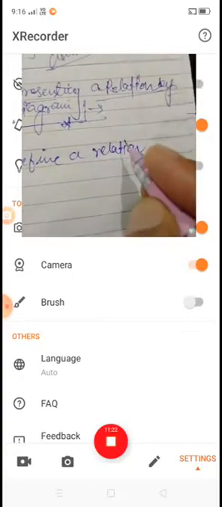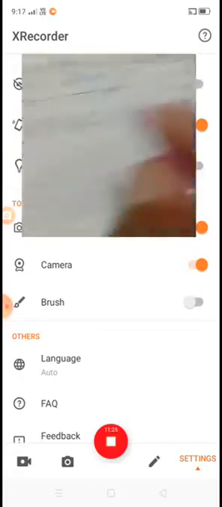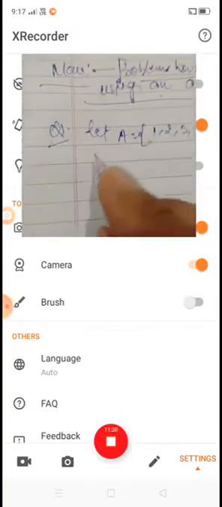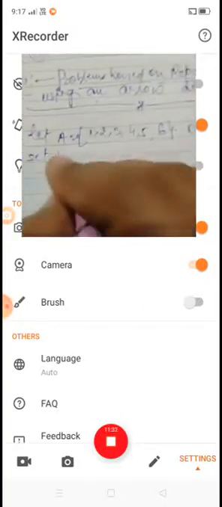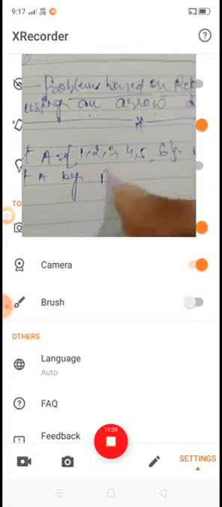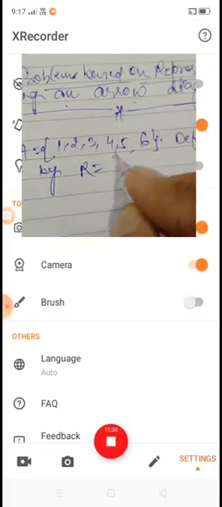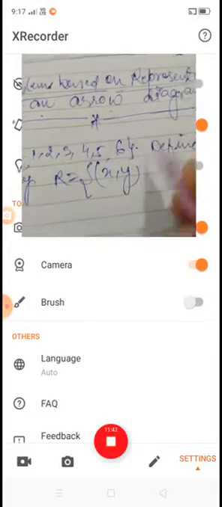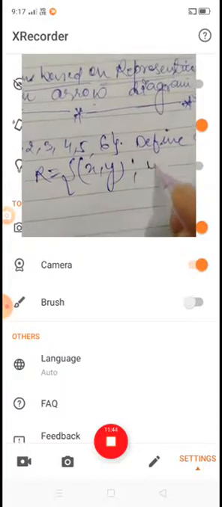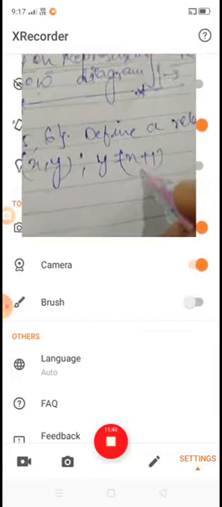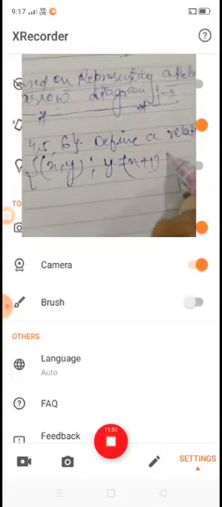Define a relation R on set A by R equal to {(x, y) such that y is equal to x plus 1}.